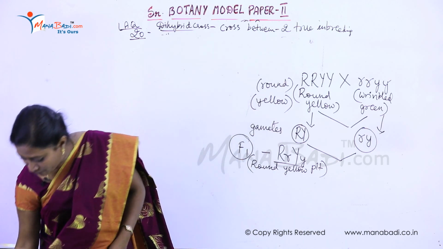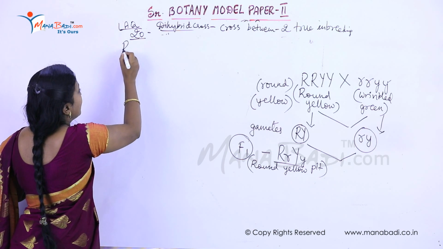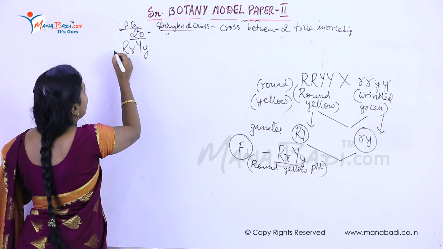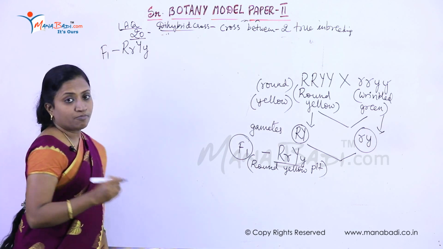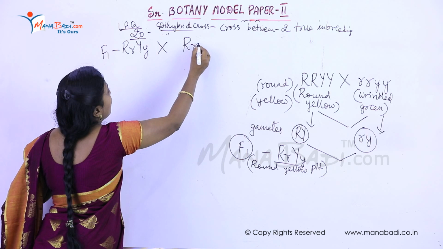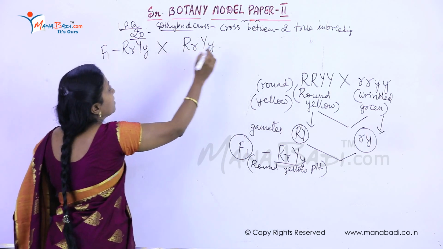The F1 generation plants obtained here, capital R, small r, capital Y, small y, are the F1 offspring which are selfed.